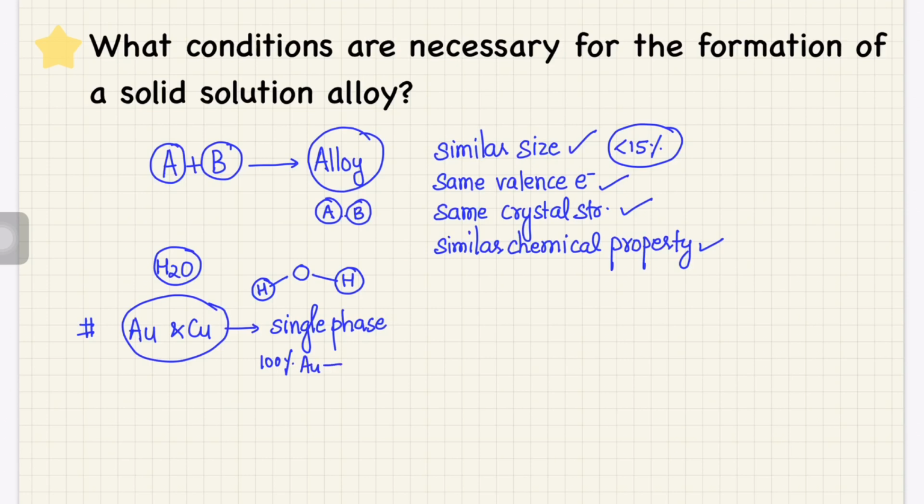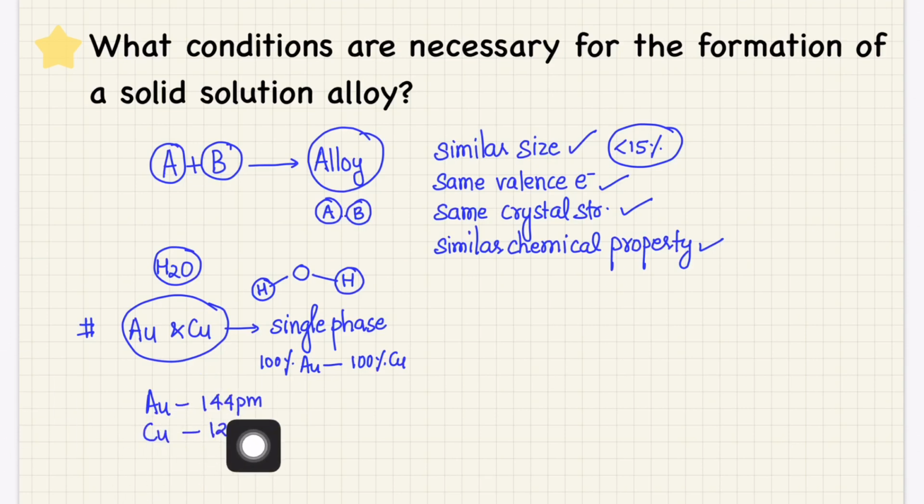It means they are completely soluble in each other, so it must be following the Hume-Rothery conditions. So let's see. If we see the metallic radii of these two metals, gold is 144 picometer and copper is 128 picometer.